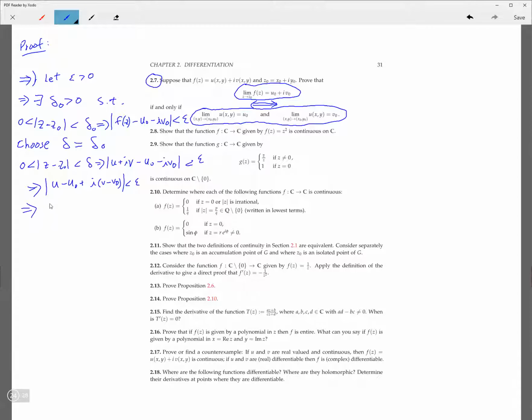Which implies that what this is, the square root of u minus u naught squared plus v minus v naught squared. And that, if you take either of those away, then you still have less than epsilon, which is basically this.